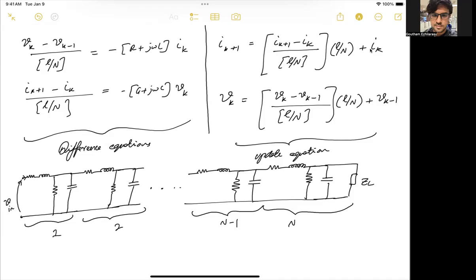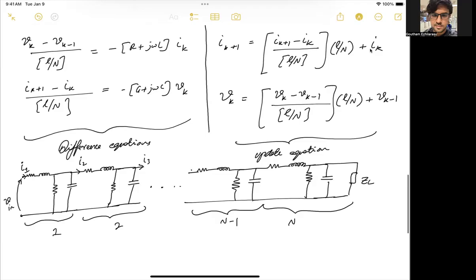So the input here is going to be I sub 1, and this is going to be I sub 2, and this is going to be I sub 3, and so on. And here this is going to be I N minus 1, this is going to be I N, and this is going to be I N plus 1.